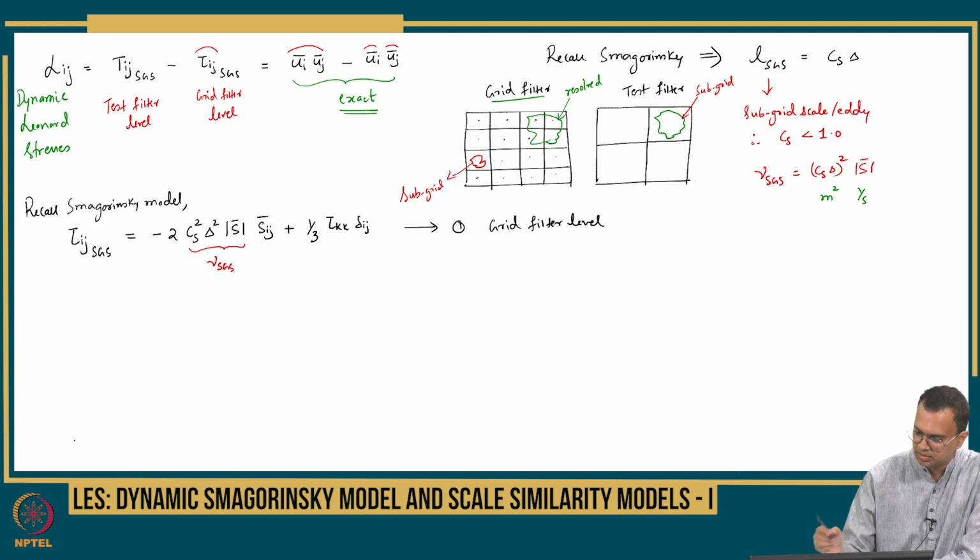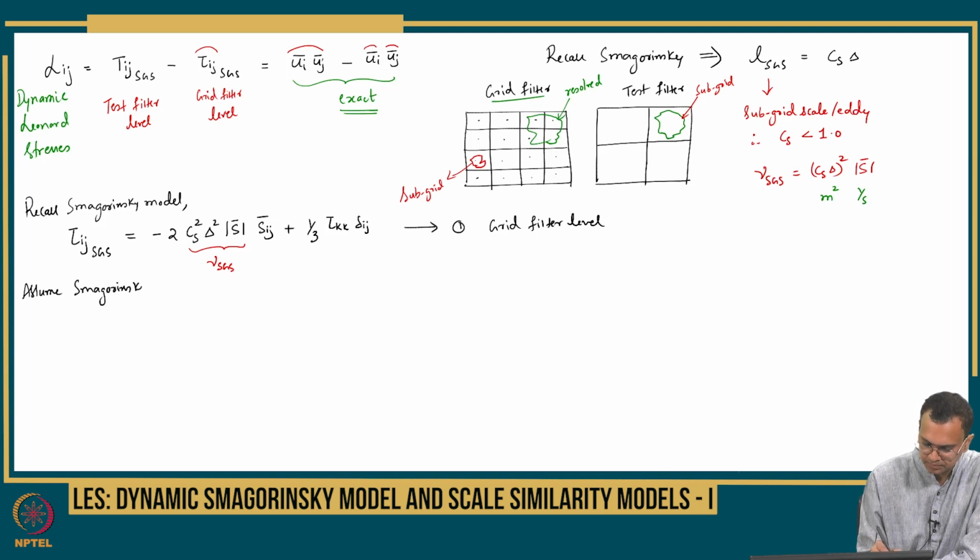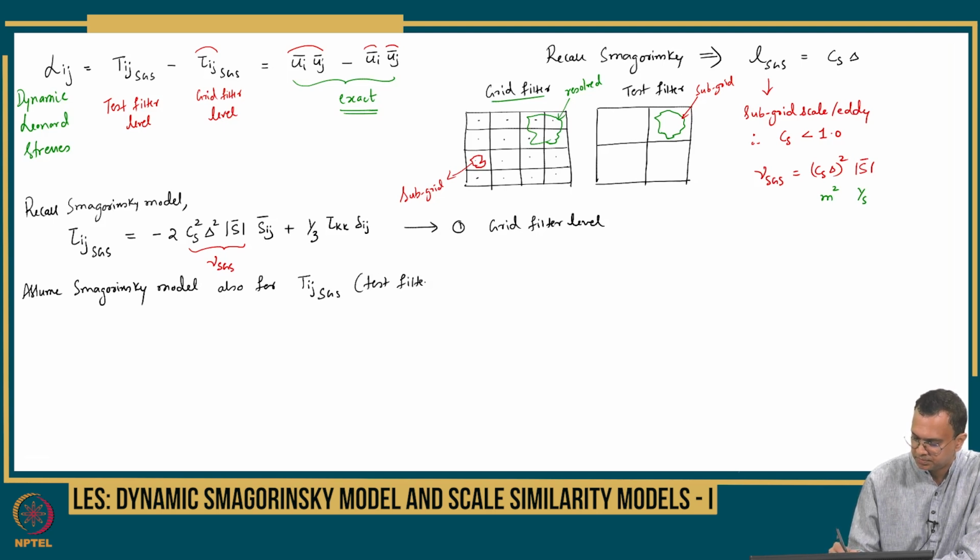Tau ij SGS. I am using the same concept now also for the test filter level, right? So assume the Smagorinsky model also for Tij SGS, that is the test filter level, right?